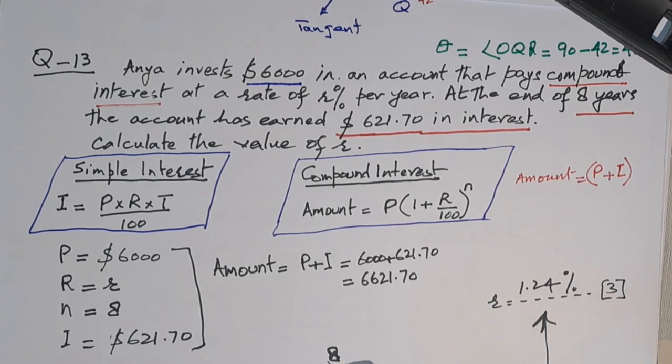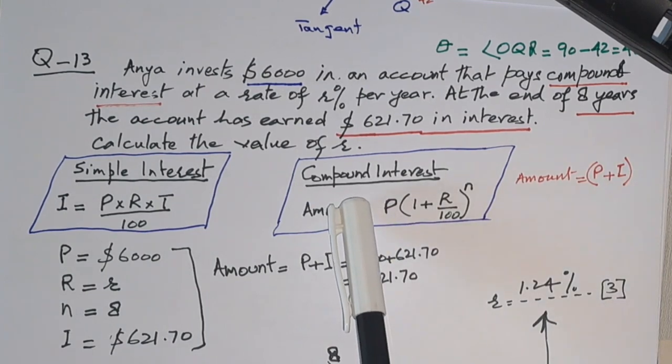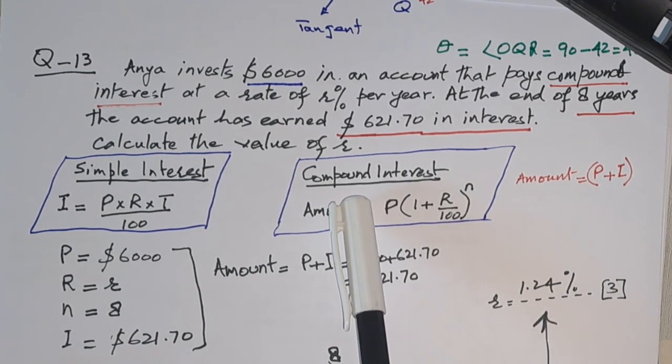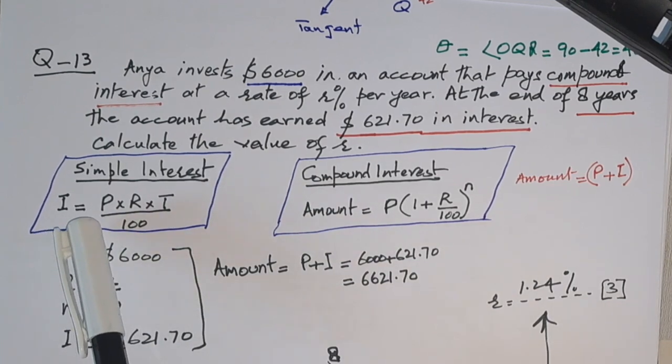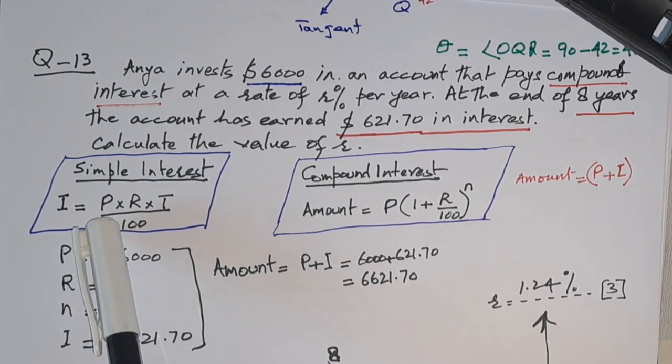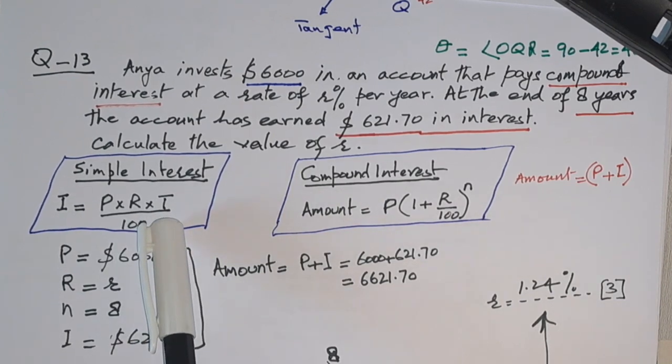Now, I give you the two formulae, that is the formula for simple interest and the formula for compound interest. In simple interest, interest is equal to principal amount multiplied by rate multiplied by time in years.